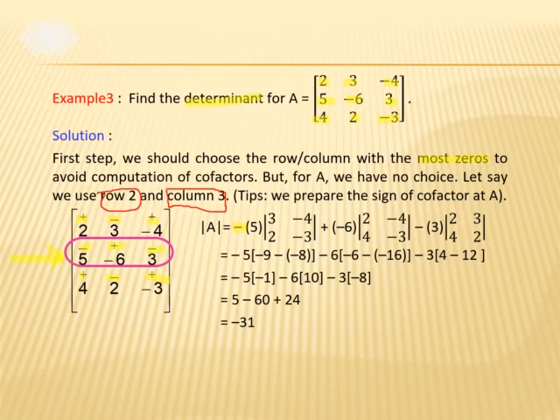So 5, the sign of cofactor is negative. So write down negative. And then 5 is the element. And then this is the minor. So how to get this minor? We just cover 5, row and column. So left to you 3, negative 4, 2, negative 3. And then we proceed.